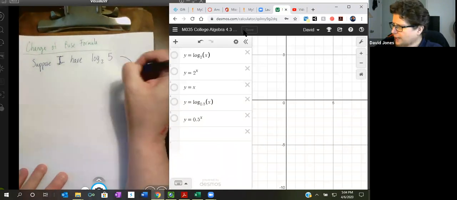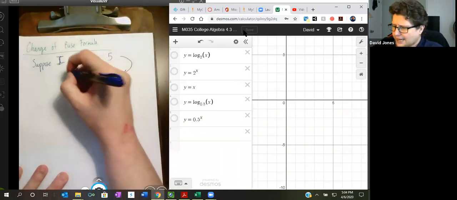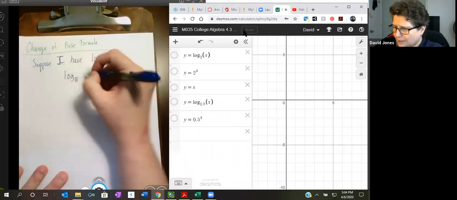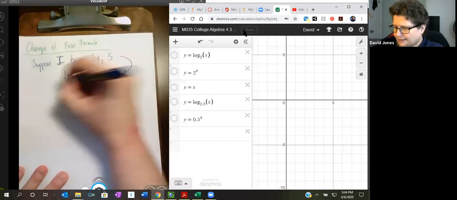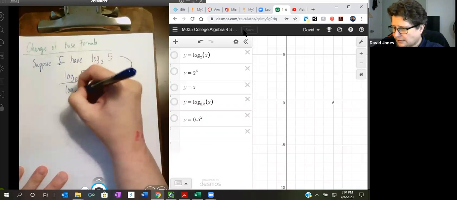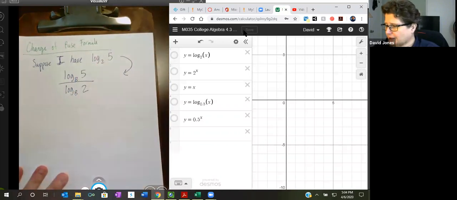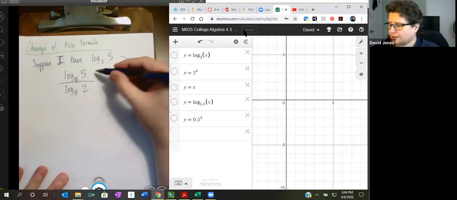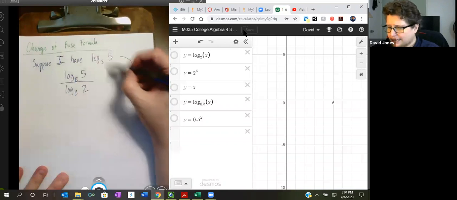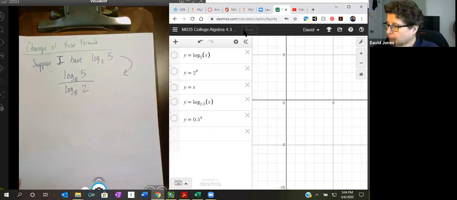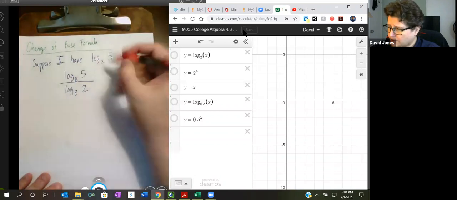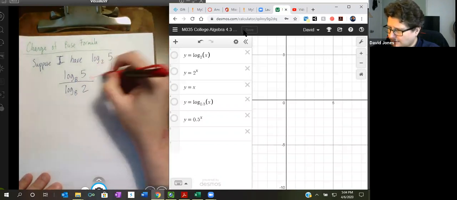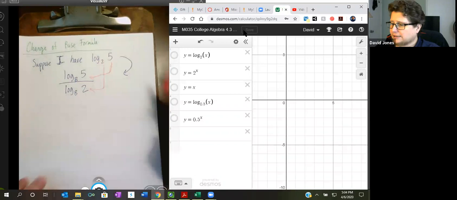The change of base formula says I can rewrite this as any base I want if I do it as division. I'll take the argument on the inside and put it on the top, and I'll take the old base and put it on the bottom. So that went there, and that goes there.